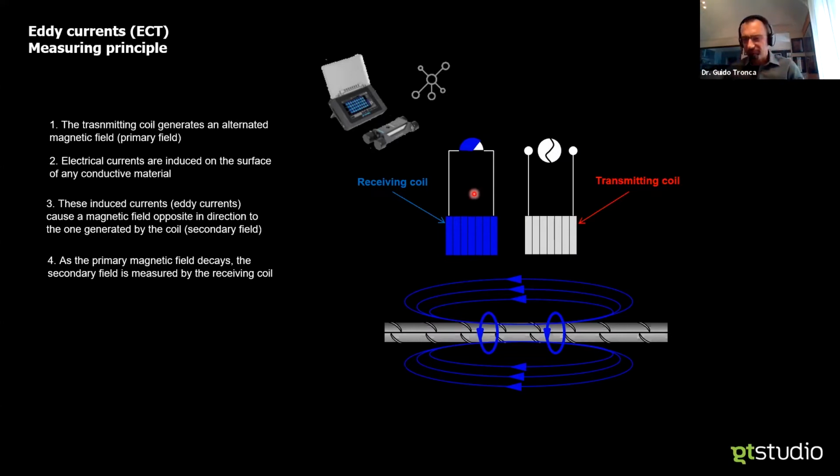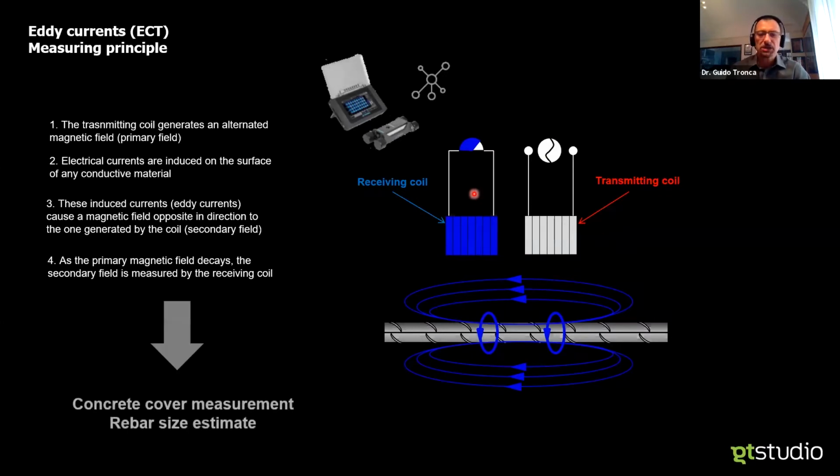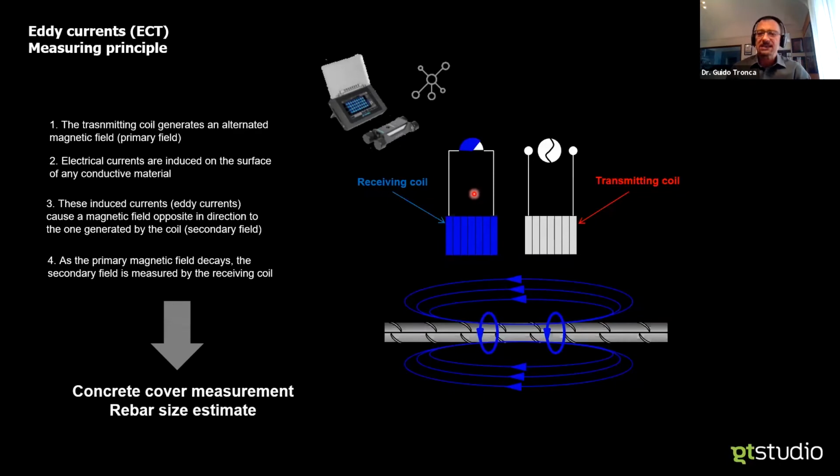Quite a complicated measuring principle, but what we care about as NDT users, we know that this quantity, this amount of measured energy is related to concrete cover and the rebar size, and both can be separately calculated.